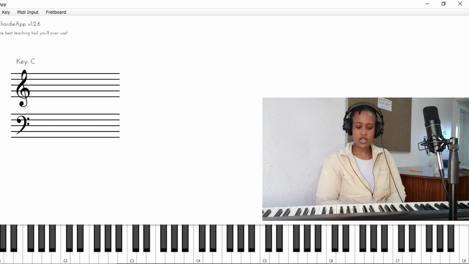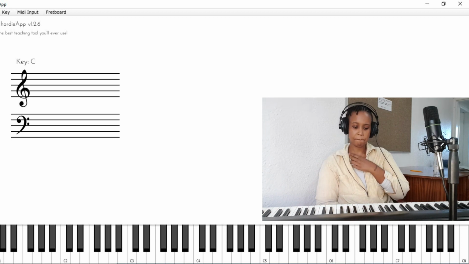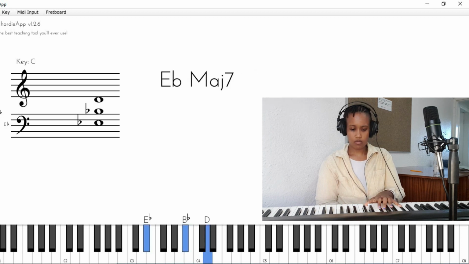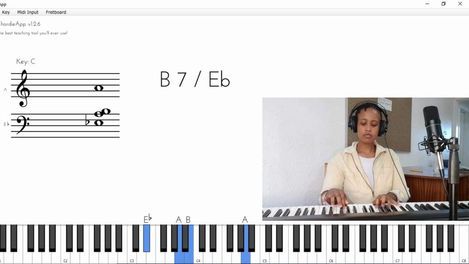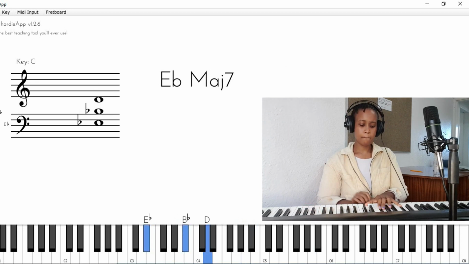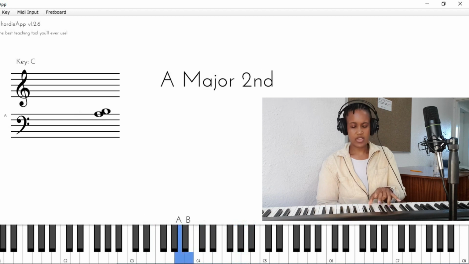Sharp 5 also works pretty well, or flat 13 you can call it. Could even actually add a sharp 11 here. No, I don't know.